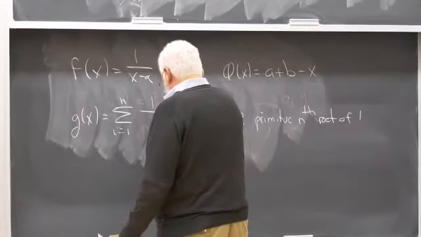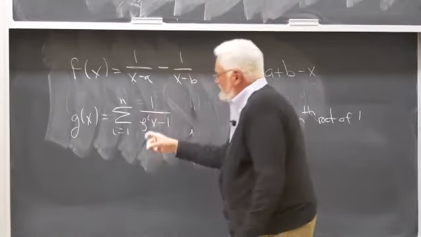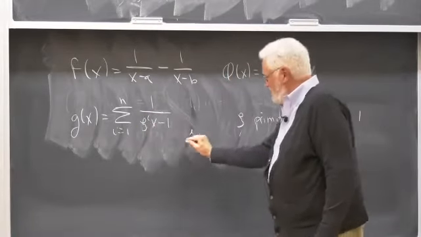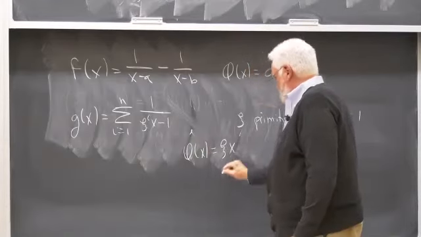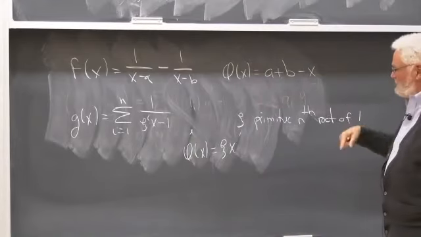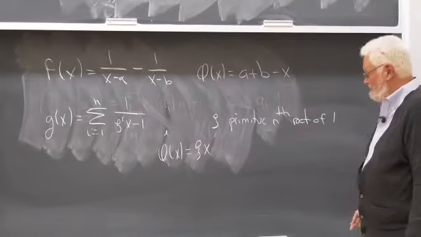Then look at the sum of 1 over x minus alpha i to the x minus 1, and phi of x is just c times x. That will permute this function.